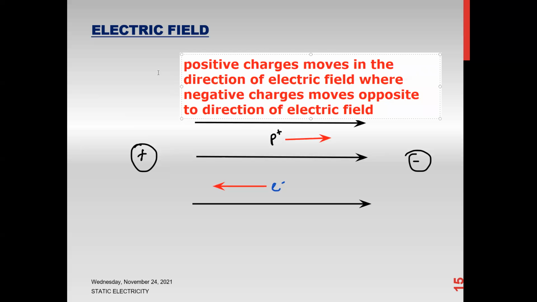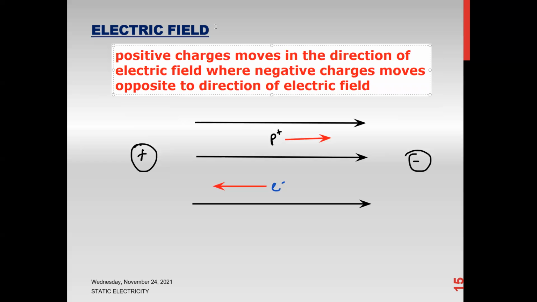So whenever you have a positive charge, it will always move the same as the direction of electric field. And when you have a negative charge, it will always move opposite to the direction of electric field.